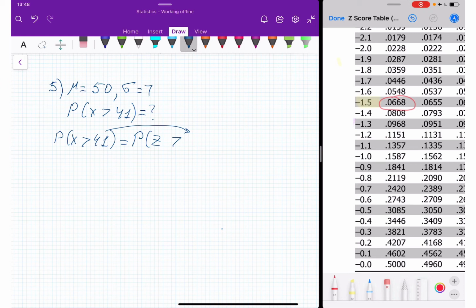So right now I leave it like that, and let me find the z-score. Z-score is equal to x minus mu over sigma. X is equal to 41 minus mu is 50 over sigma is 7.